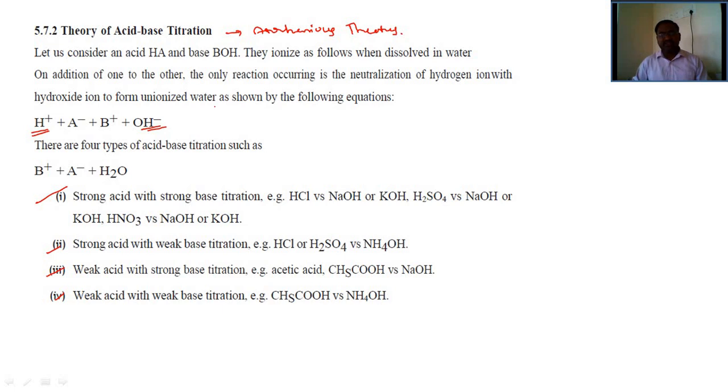Strong acid means the acid which dissociates completely. Strong base means the base which dissociates completely and produces OH minus. Weak acid means the acid which dissociates partially.